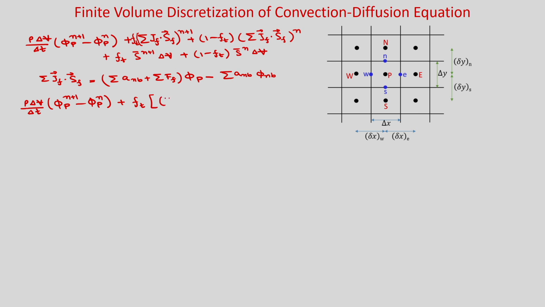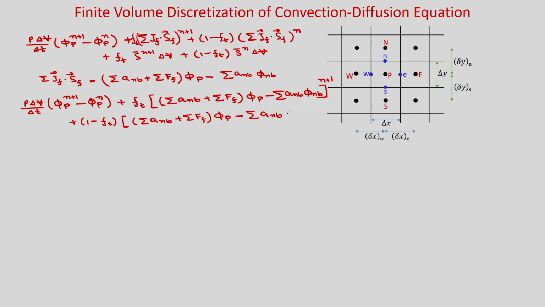So, you have summation of a n b plus summation of f f phi p minus summation of a n b phi n b at level n plus 1, and we have 1 minus f t, again we have summation of a n b plus summation of f f phi p minus summation of a n b phi n b at n.